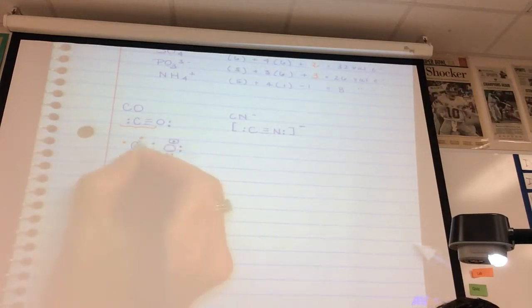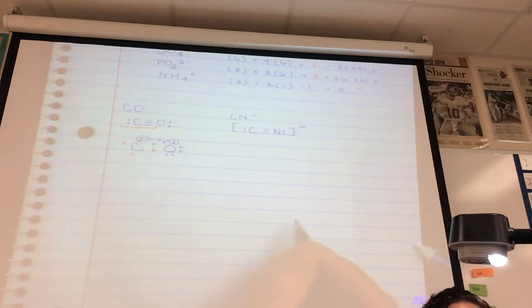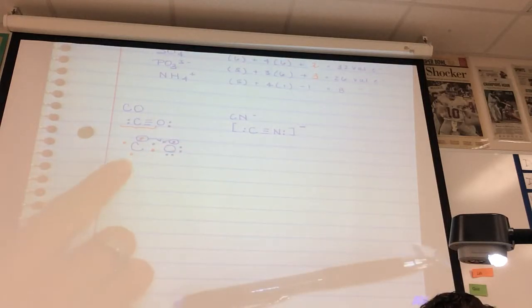So this guy and this guy hook up and move between the C and O. And this is kind of funky now. These 2 electrons will pair together because a lone pair is more stable than a single electron. So they'll pair right there, and then this electron pair actually moves between here for the other bond.